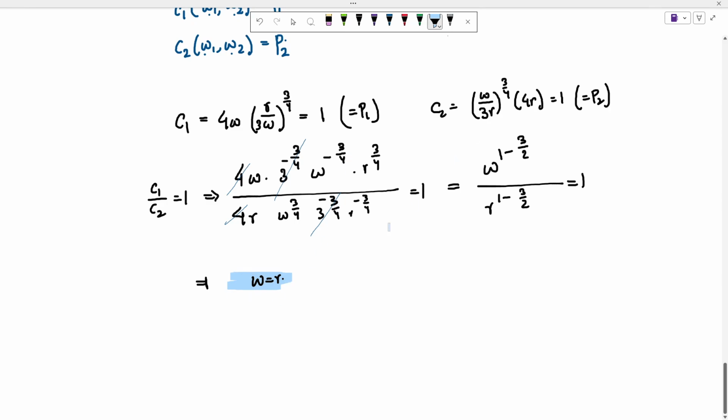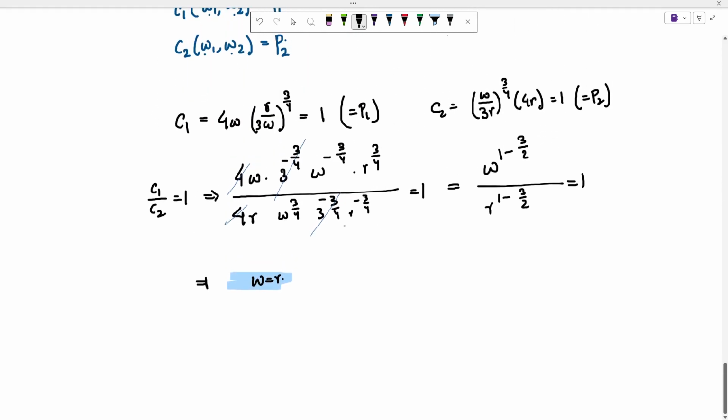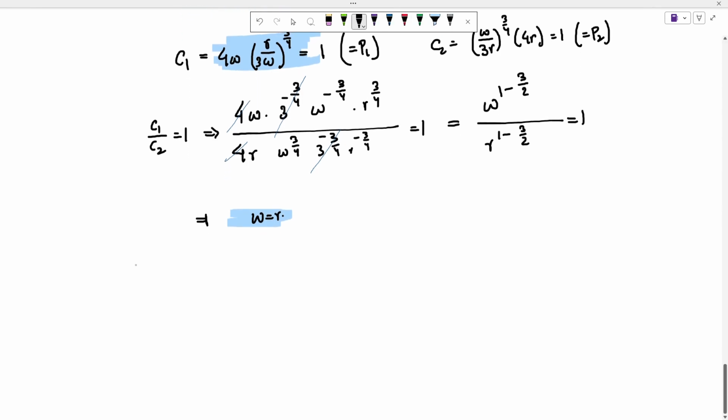Now if we put this into any one of these expressions, we are going to get explicit values for W. Suppose we do that here, what do we get? Putting W equals R in C1 equals 1, we get 4W times W by 3W to the power 3 by 4 equals 1, so this cancels out, this cancels out.